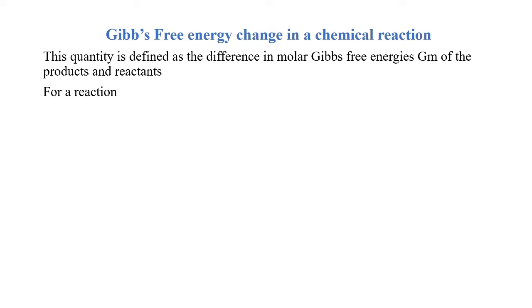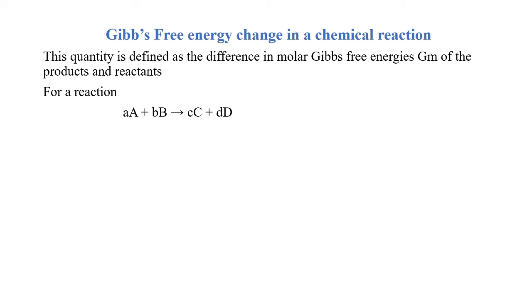For example, for a reaction aA plus bB gives cC plus dD, where small a, b, c and d are the stoichiometric coefficients of a reaction, and capital A and B are the reactants and capital C and D are the products.